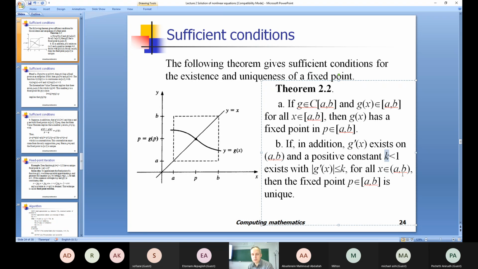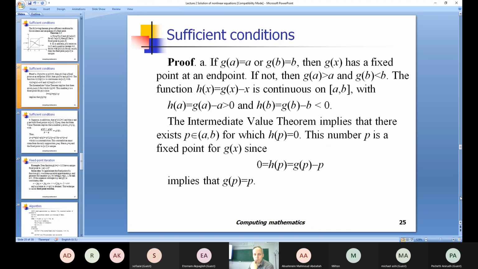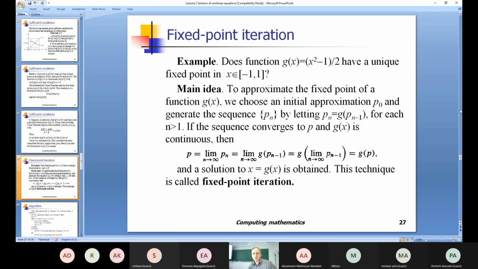Only one fixed point. Because in this example, the derivative will be greater than 1. If the derivative is smaller than 1, then there is only one fixed point. Well, I skip this theorem.